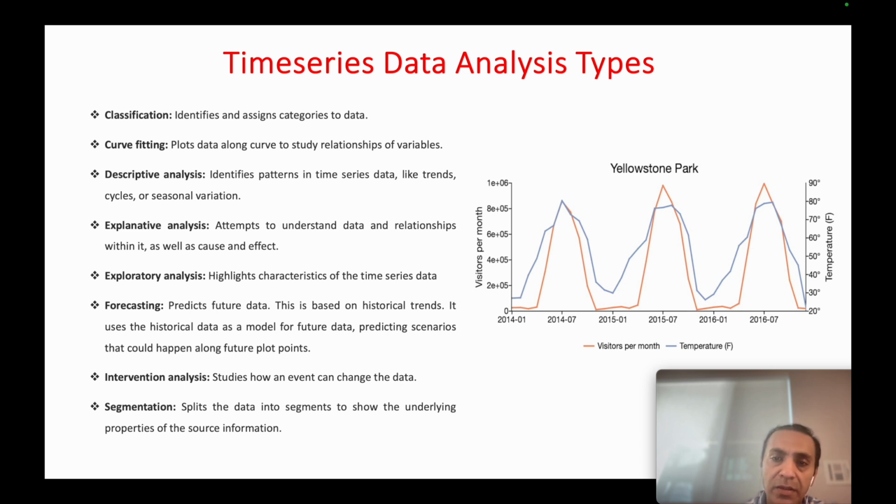And again, this shows a seasonality where we can see that visits to the park peak during summertime when there's no snow, so people can easily visit the park, and the number of visitors drops to almost minimal during the winter time. So that's the whole idea of this chart.